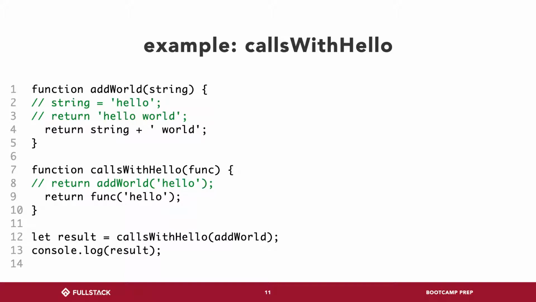So, what do you think results will be? Let results equal callsWithHello invoked with addWorld. What do you think results will be? It's going to be hello world. Let me explain to you what's going on. callsWithHello takes a function.